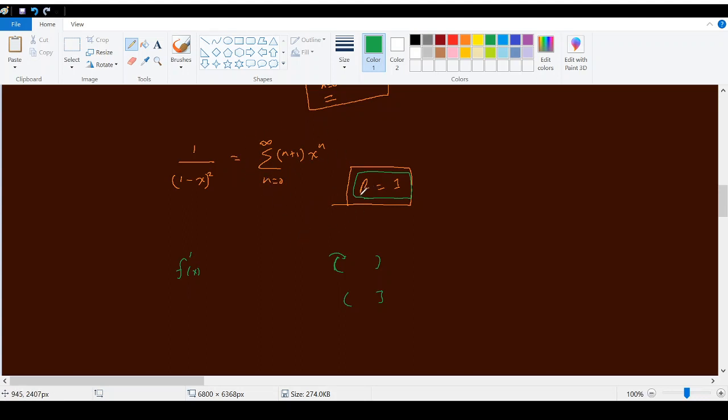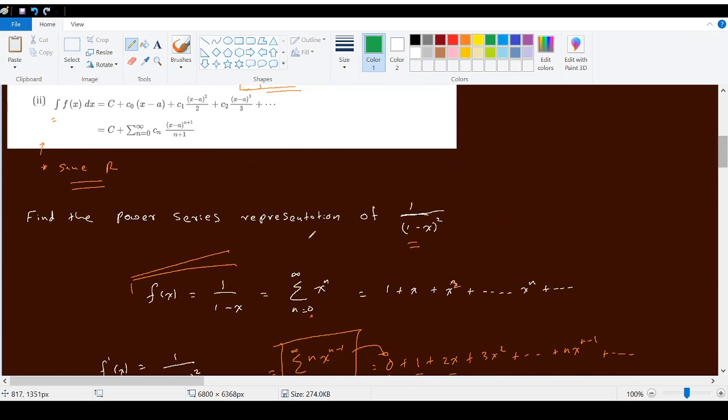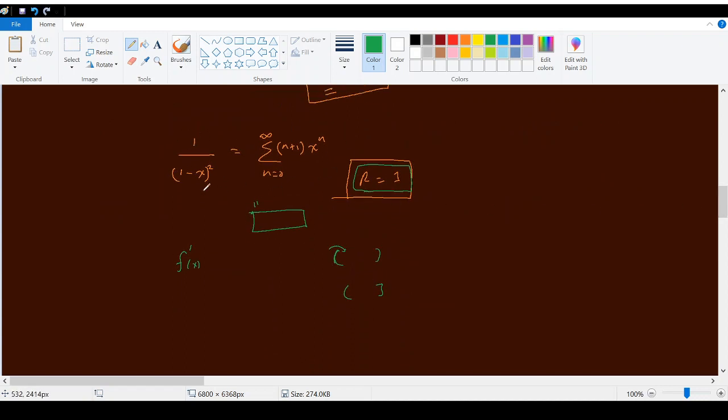So although the radius is the same, we cannot directly write down the interval of convergence of the new power series that you obtained. So for instance, in this example, although we know that the interval is strictly less than 1, that is this one, we cannot directly say that this function will also have the same interval.